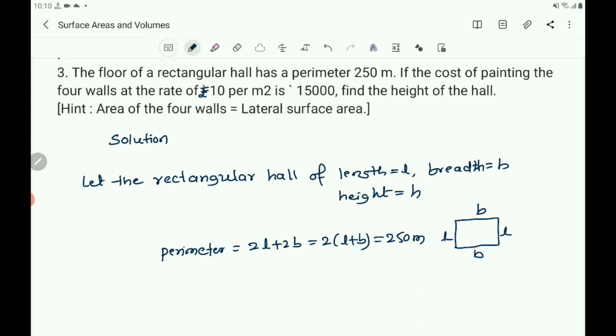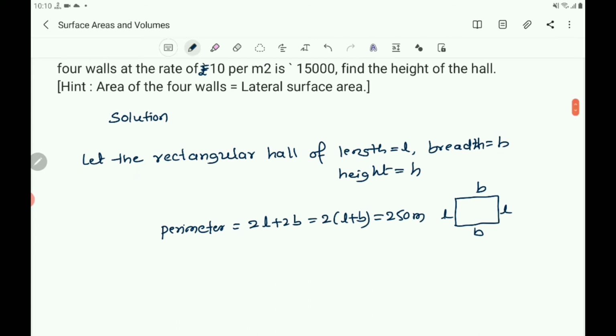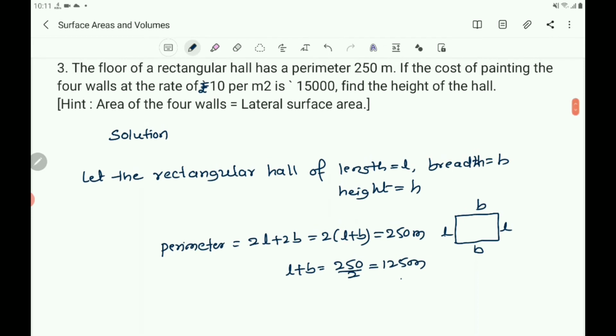So L plus B equals 250 by 2, that is equals to 125 meter.